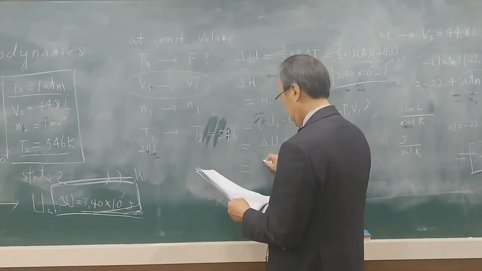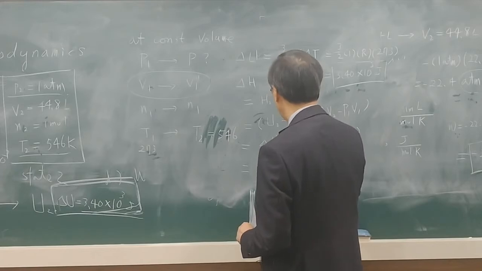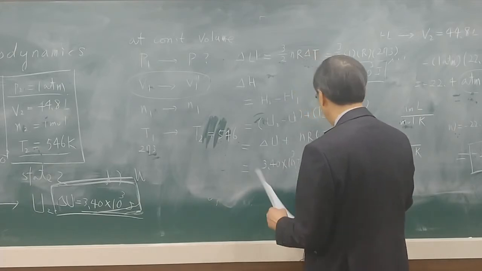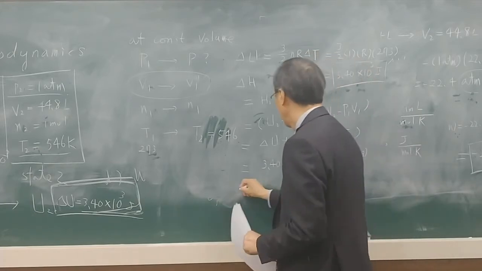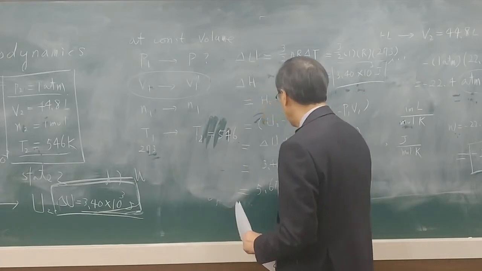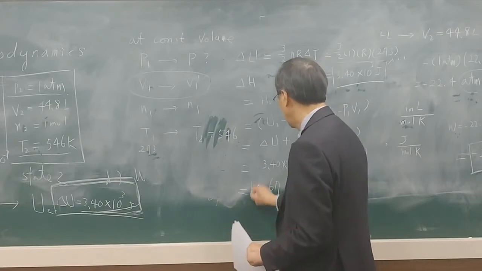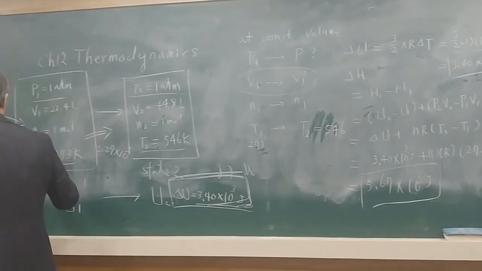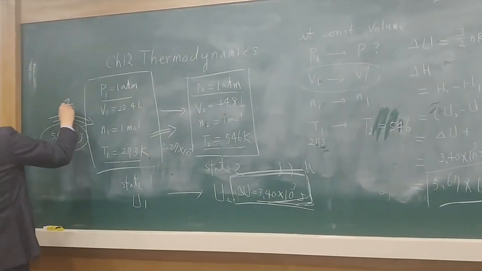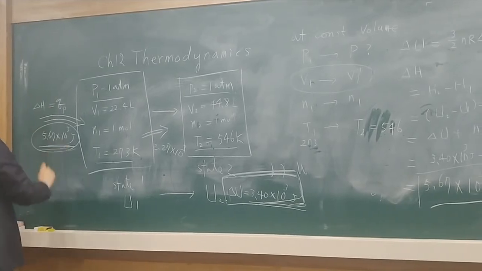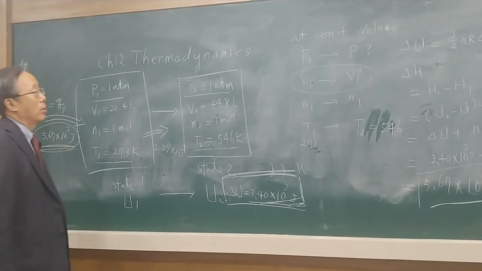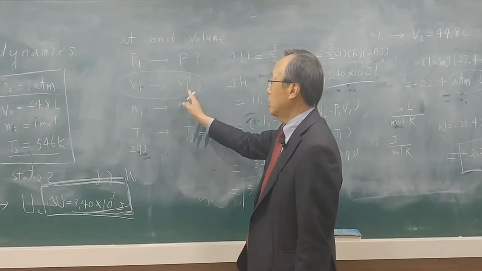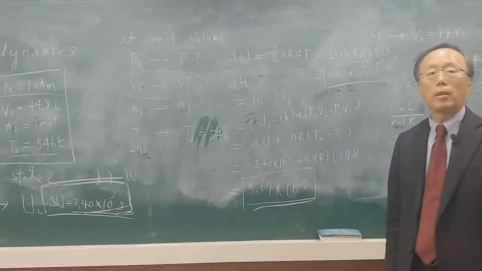That equals 3.40 times 10 to the 3 joule plus 1 times R times 273, equal to 5.67 times 10 to the 3 joule. What's the same? We had here delta H or QP equal to this much: QP equals delta H, 5.67 times 10 to the 3 joules. In this pathway at constant volume, we also have the same value.